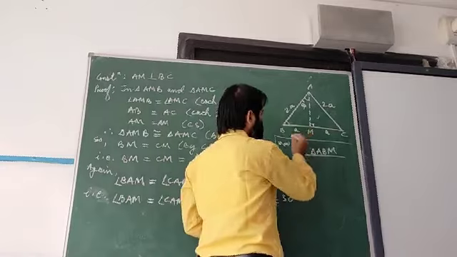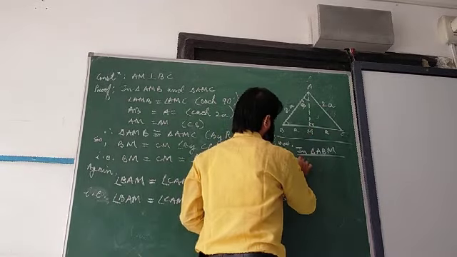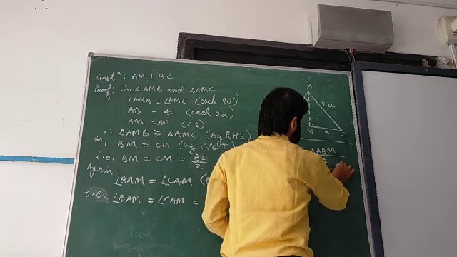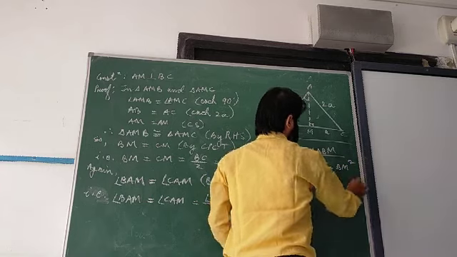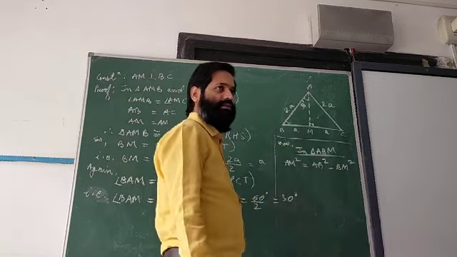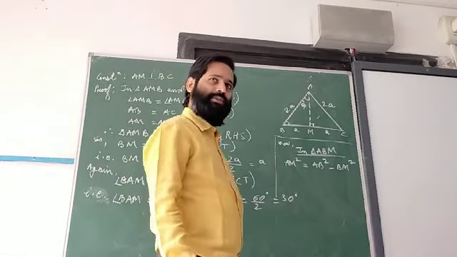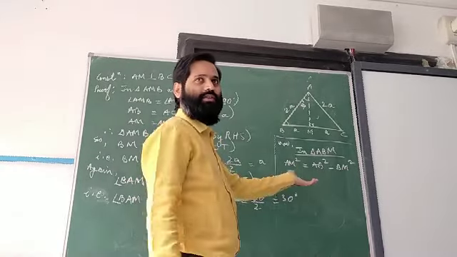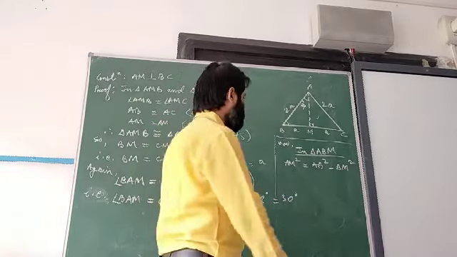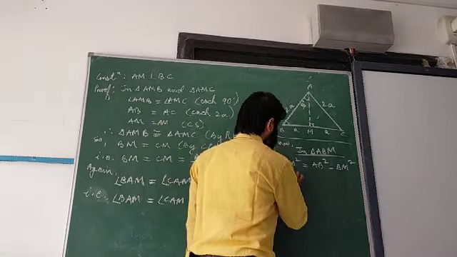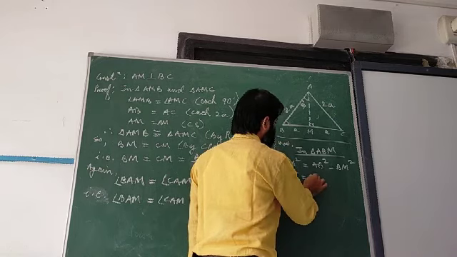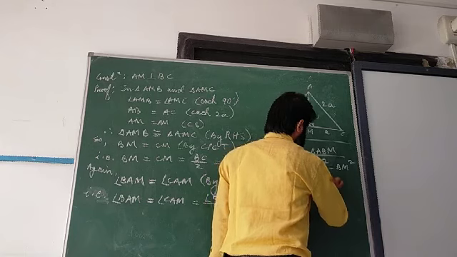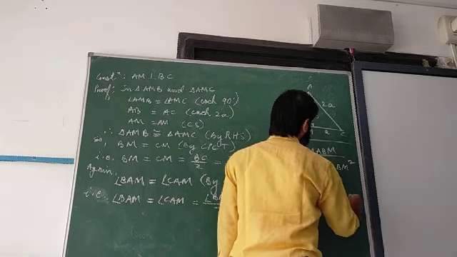Can we say AM square equals to AB square minus BM square? Can we say directly? Or you can apply Pythagoras theorem, your choice. Directly I am finding the answer. So AM, do we know AM? No. So AM square, what is AB? 2A, whole square, minus what is BM?